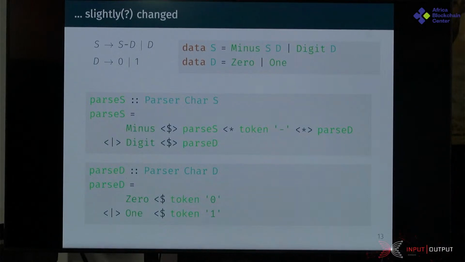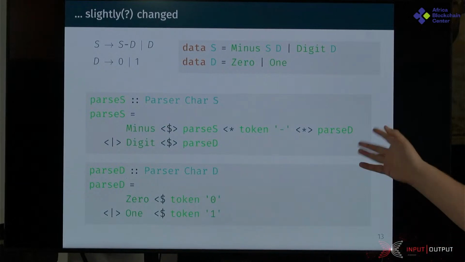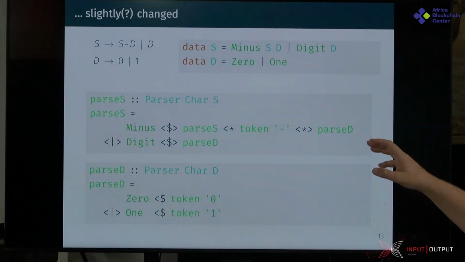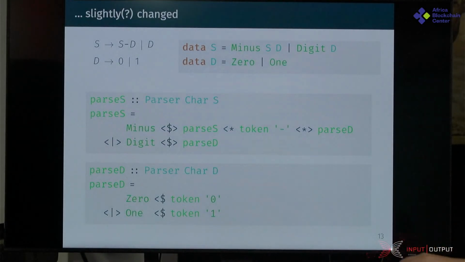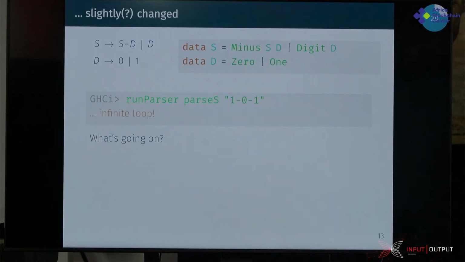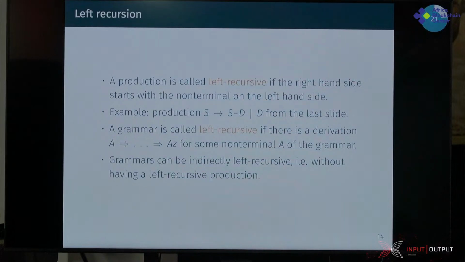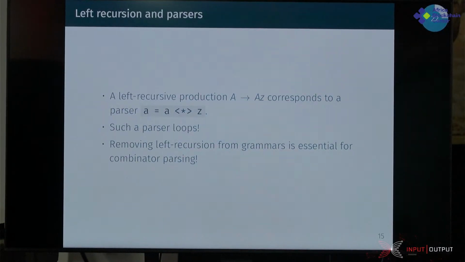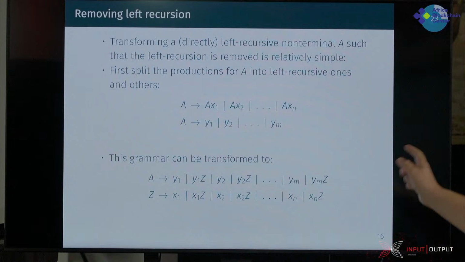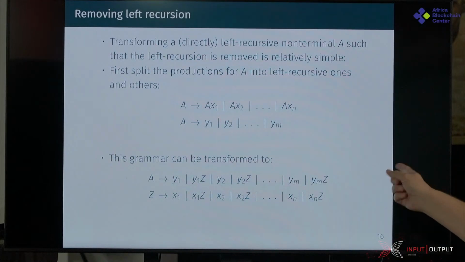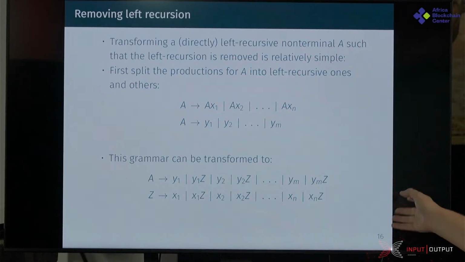But the good news is that there is a way to modify the grammar without changing the language so that it's not left recursive anymore. But I don't want to go into this. You will get the slides. There is a way to introduce a new non-terminal and shift things around a bit, and then you can fix this.